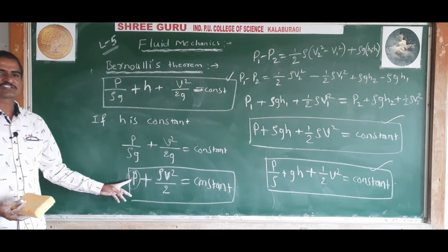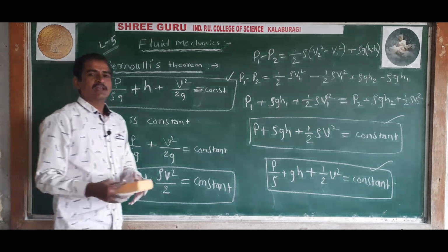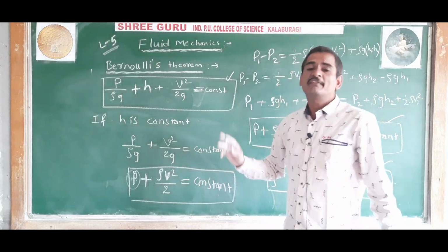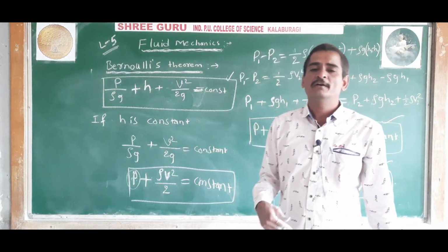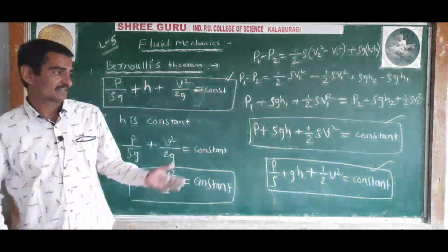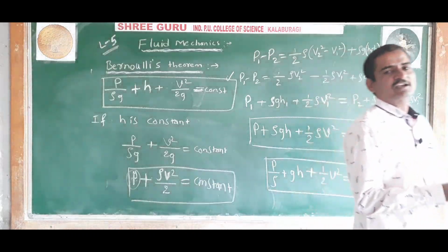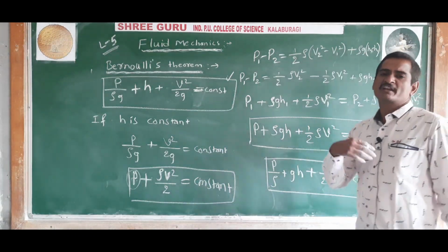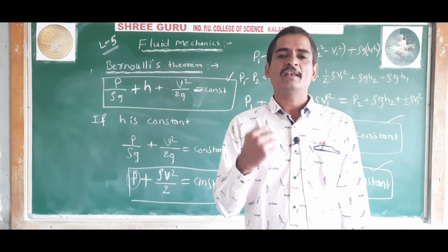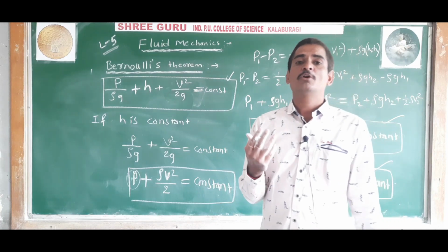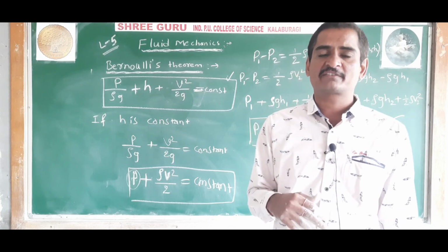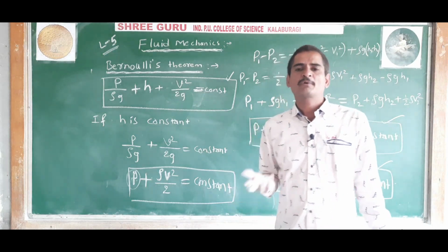So, if pressure increases, the velocity of the fluid decreases. If the velocity of the fluid decreases, then pressure increases. If velocity of the fluid increases, then pressure decreases. That means at a point where pressure is more, the velocity of the fluid will be less, and at a point where pressure is less, the velocity of the fluid will be more, or vice versa.